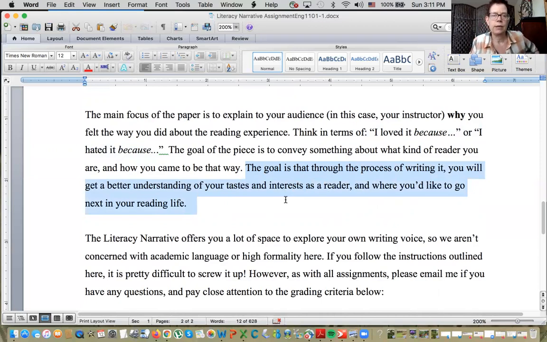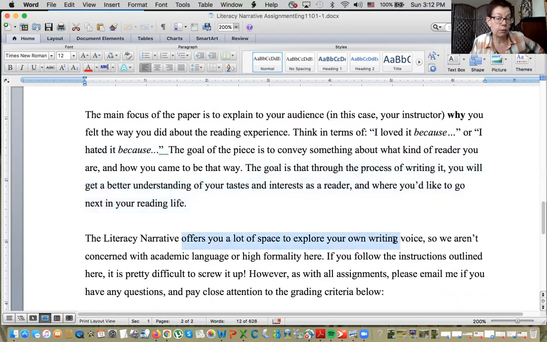Okay, so it's an important first assignment as a way of just getting you to talk about the whole process of reading and writing. It offers you space to explore your own writing voice. We're not so much concerned about academic language in this assignment.